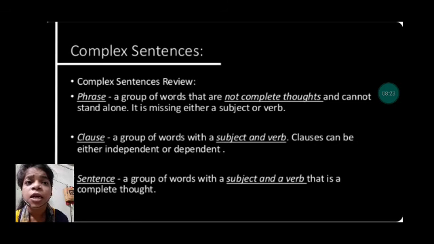A clause is a group of words with a subject and verb. Clauses can be either independent or dependent. Independent means main clause, dependent means subordinate clause. Sentence: a group of words with a subject and a verb that is a complete thought. All the examples that we saw were sentences.